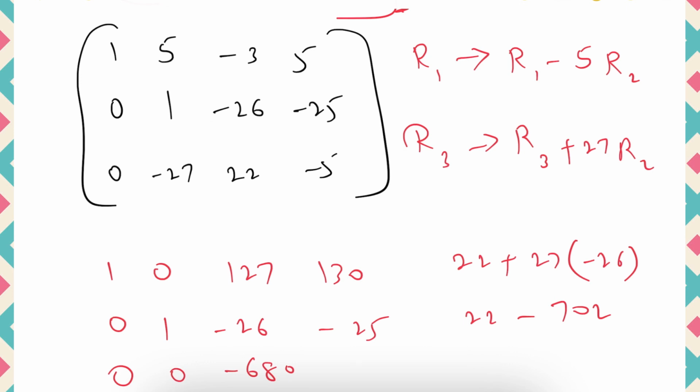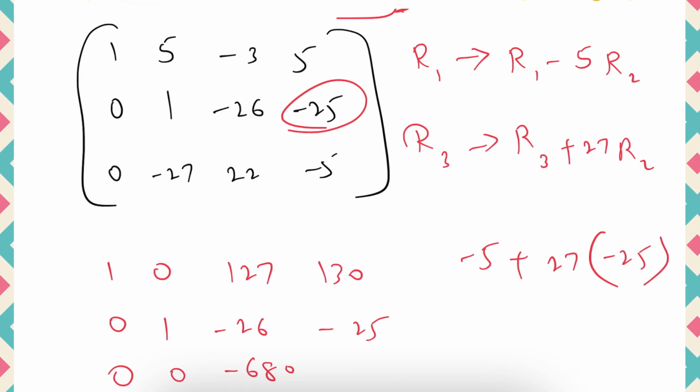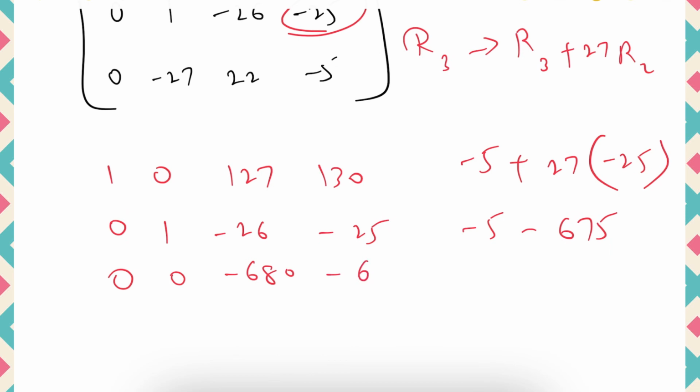Then last element, if you move to R3 is minus 5 plus 27 into R2, that is minus 25. So minus 5 plus into minus, minus 27 into 25. It is 675. So minus 5 minus 675, it's nothing but minus 680.